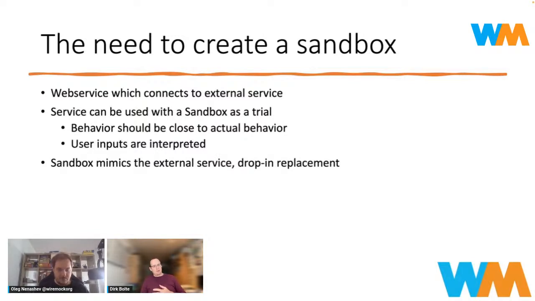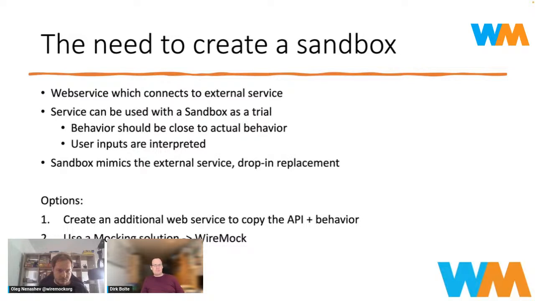The idea was to have a sandbox there, which is a drop-in replacement for the external service. As soon as licensing starts, the services switch over to the actual third-party service. So the API behavior should be the same for the trial run as well as for the actual paid run.